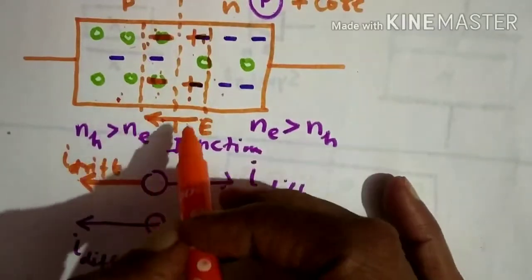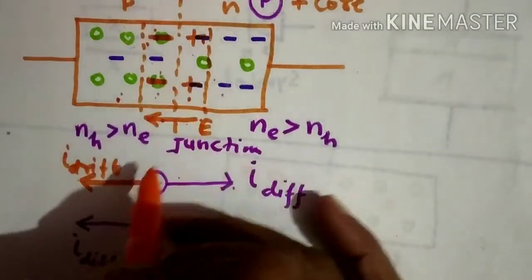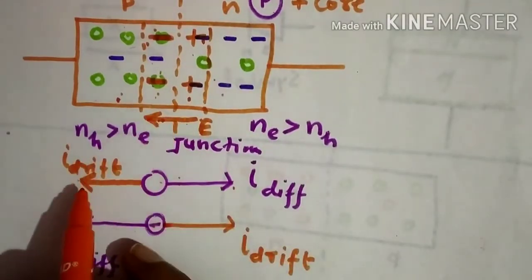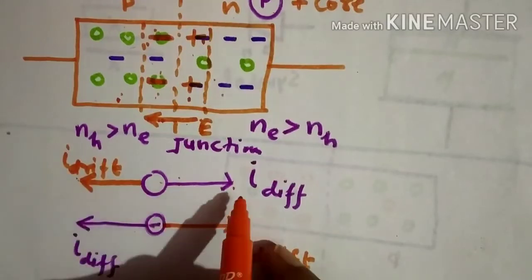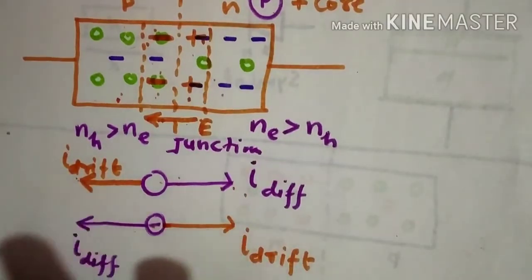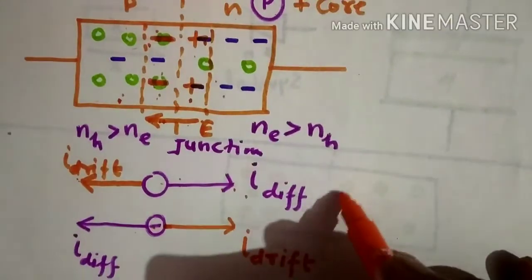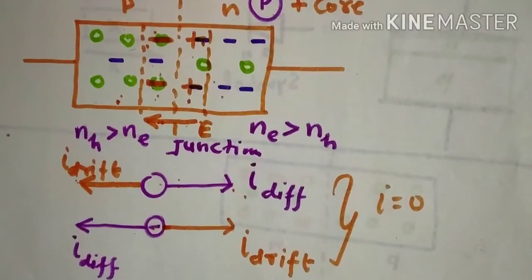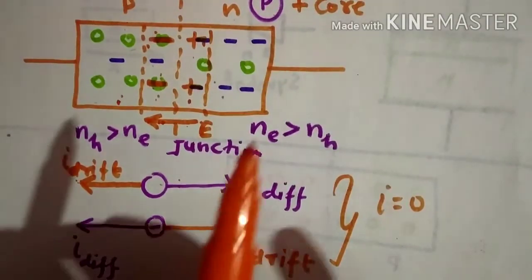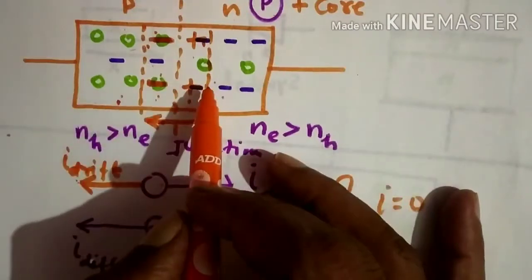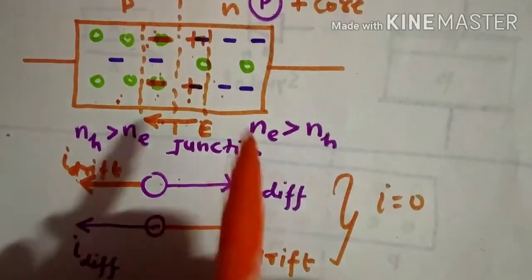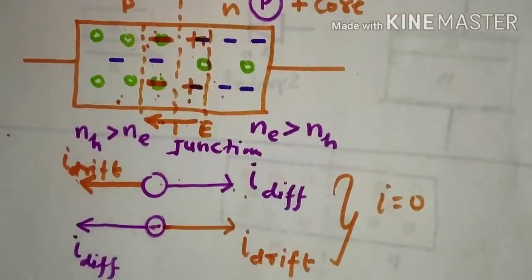And this region, where the positive and negative charges are accumulated, has produced enough electric field so that the drift current and the diffusion current are equal but opposite, producing a net current of 0. That is, we can say the further diffusion and drift of current carriers is stopped.